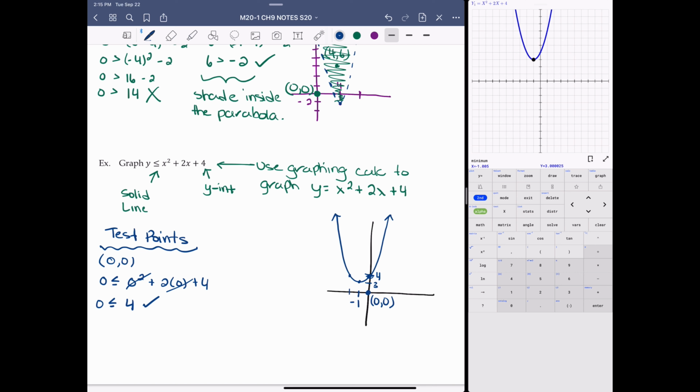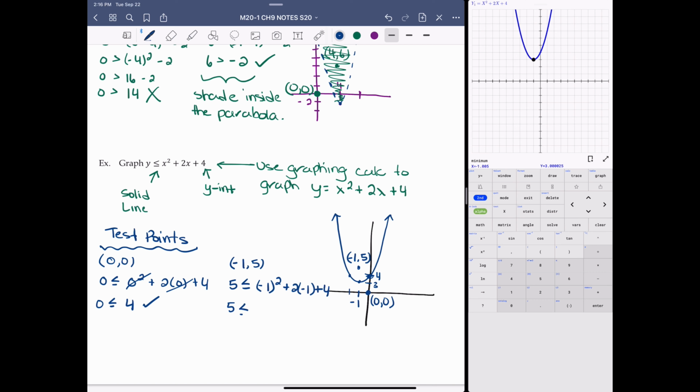Let's test the point inside just to make sure. So I'm going to go to my vertex at -1, and maybe I'll test the point -1, 5. Subbing in, we have 5 is less than or equal to -1 in brackets squared plus 2 times -1 plus 4.